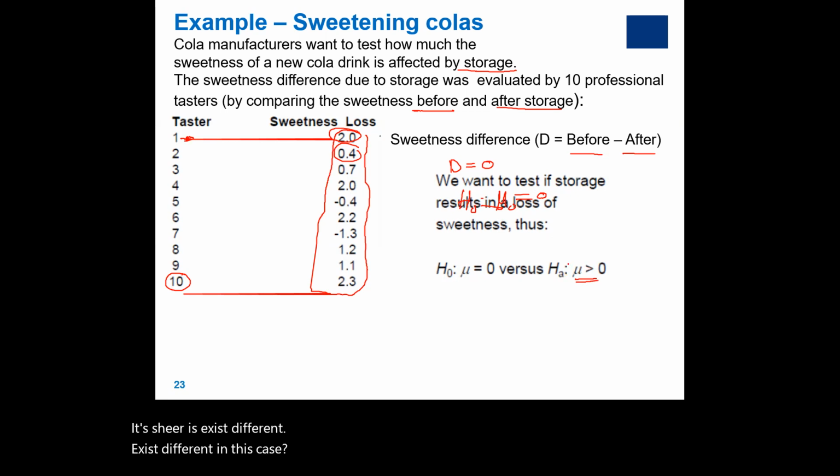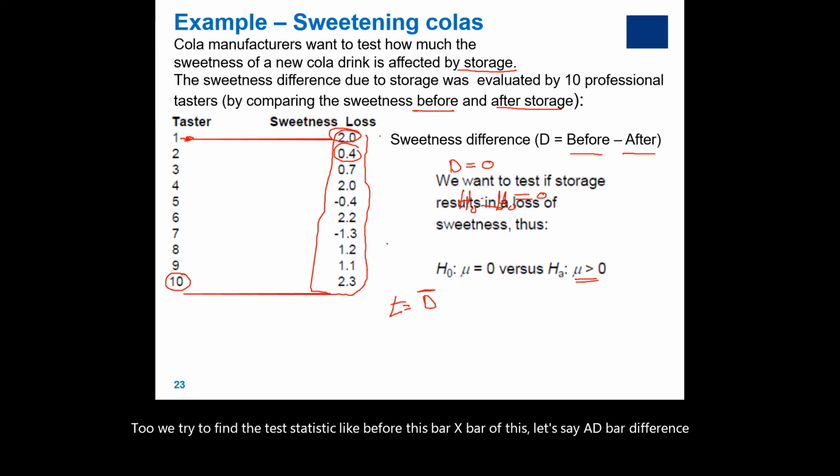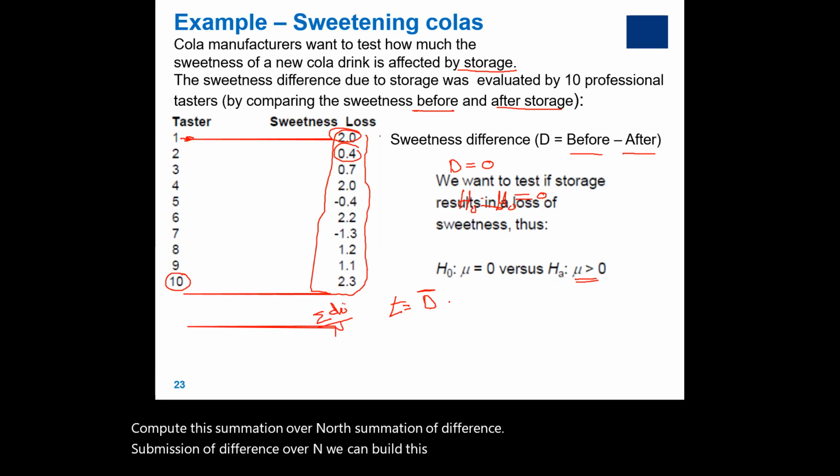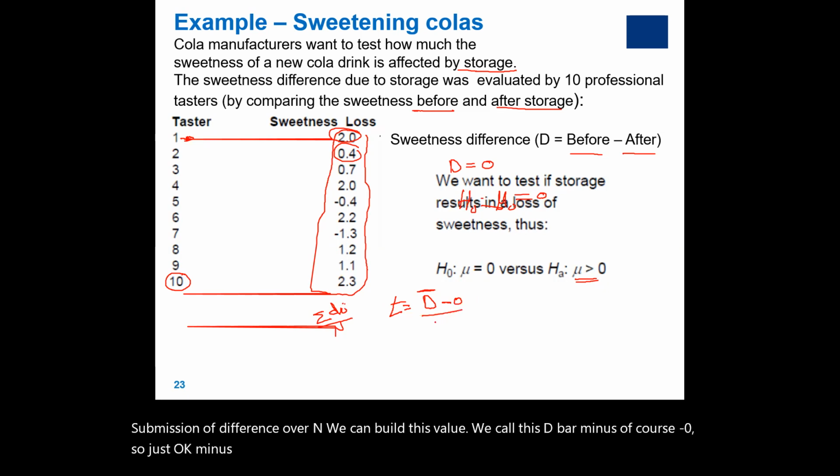In this case, we try to find the test statistic t, like before. We compute D bar, the summation of differences over n. Then t equals D bar minus 0 over S of D bar.